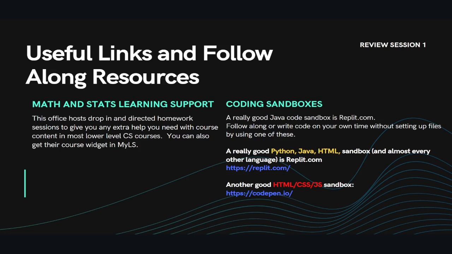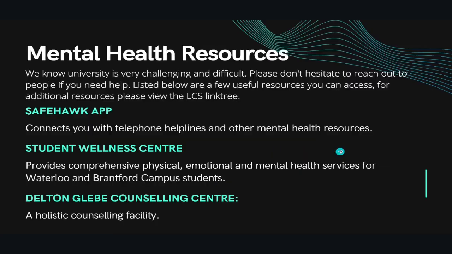Also, an online editor is a really great tool. Replit is a good one, great for Python, great for Java. So if you ever need some help, that's definitely a great place to go to. But all right, let's go on to the next slide.